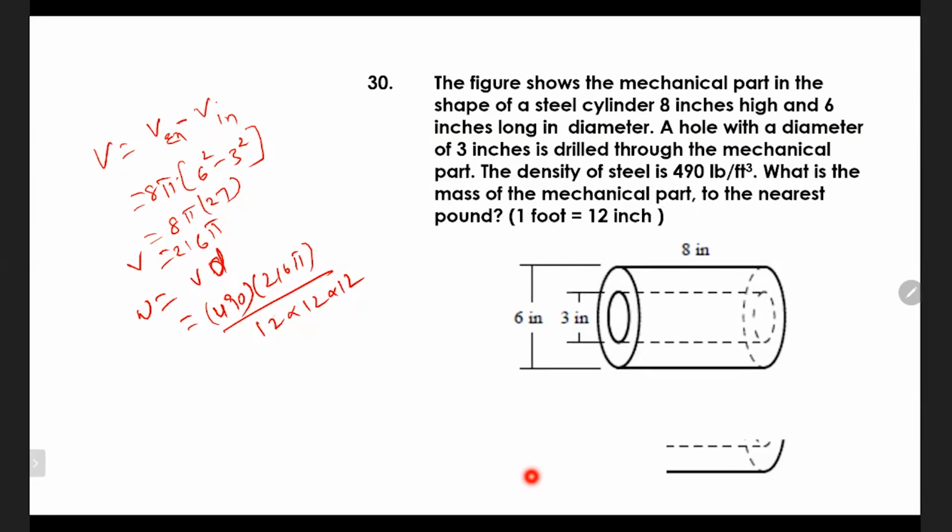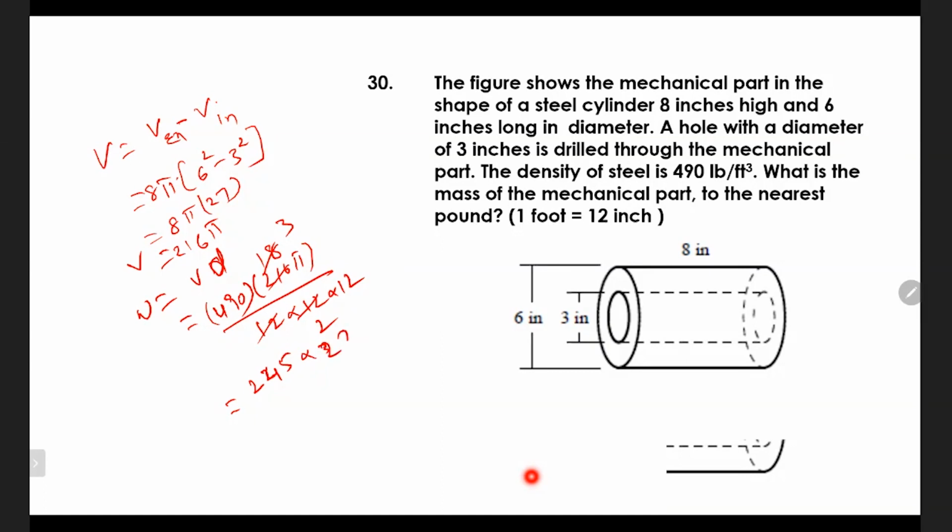So 12 ones 12, 12 eights 96. So this is 6 twos, 6 threes. And 2 cancels 490. That is 2, 2 fours 8, 5. 2 is cancelled. Into 3 cancels this 12 4 times.